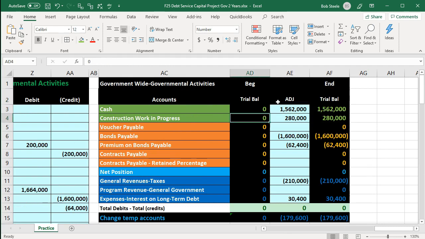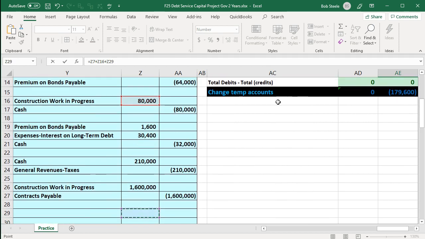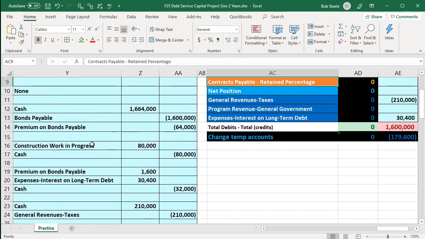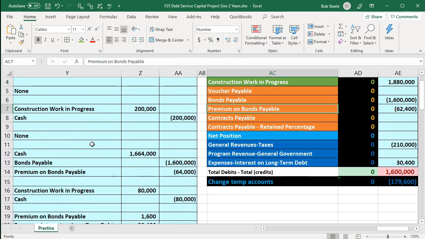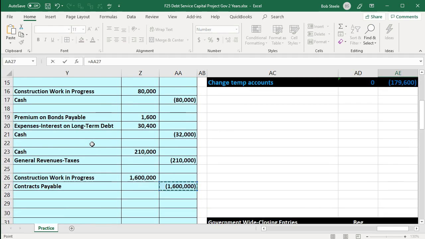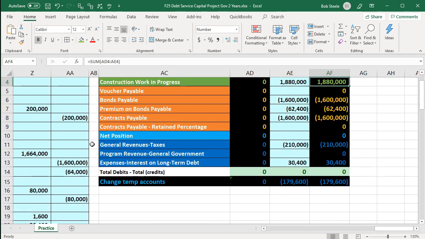We scroll back up top, and we are in cell AE4, where we're going to say F2 plus F2, and then scroll back down and pick up that debit amount of the 1,600,000. And then we want the contracts payable liability account. So we'll scroll back up and pick up the contracts payable. That's going to be in cell AE8 equals, and we will scroll back down and pick up that 1,600,000 on the liability. There is the debit and the credit.